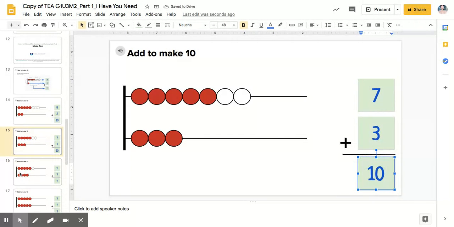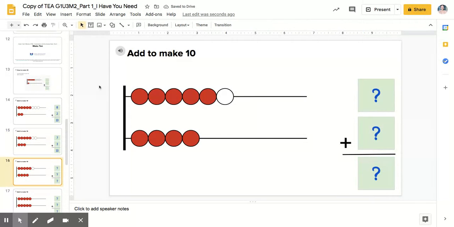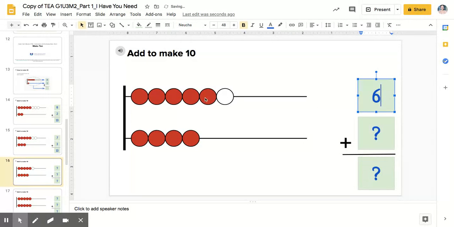Let's do another. We're counting the top, 1, 2, 3, 4, 5, 6. Counting the bottom, 1, 2, 3, 4. And counting them all together to make 10. So 6 plus 4 equals 10.